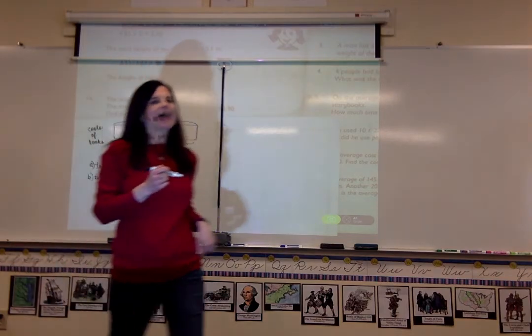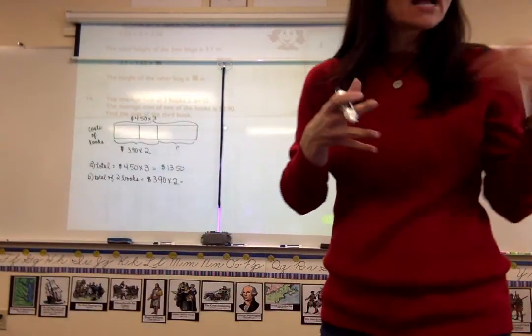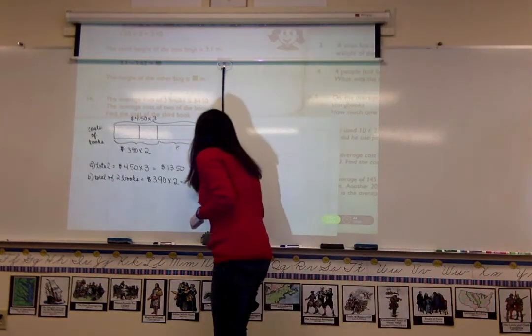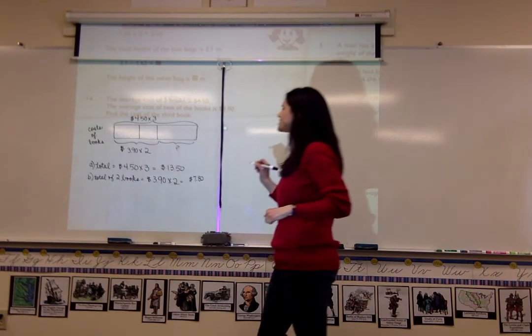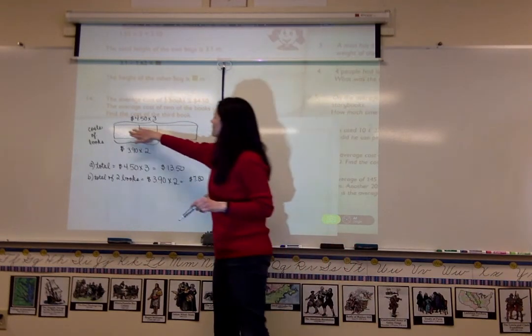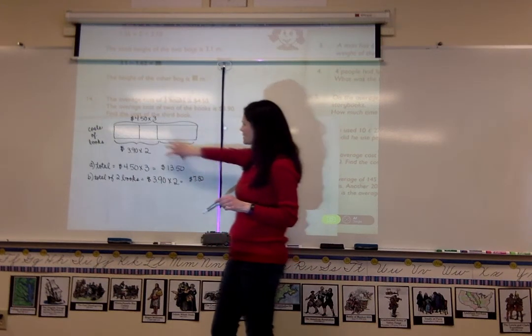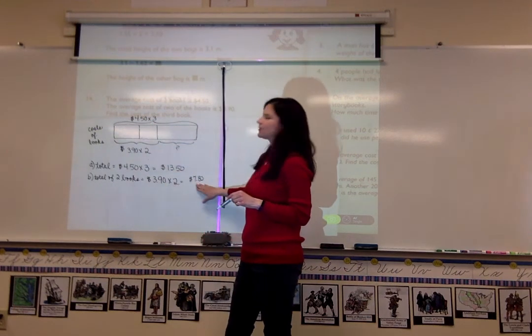And when you perform that calculation, you need to go off to the side and do the algorithm. You should get that it is $7.80, was the total price of the first 2. So the whole is $13.50. The first 2 parts are $7.80.